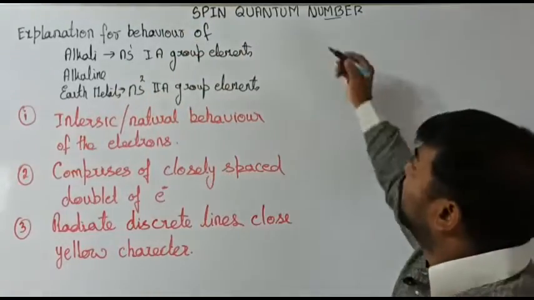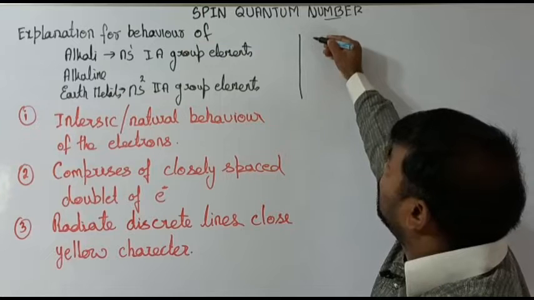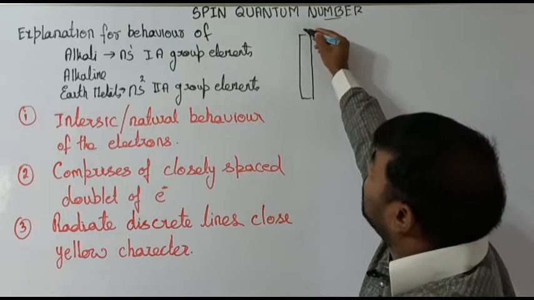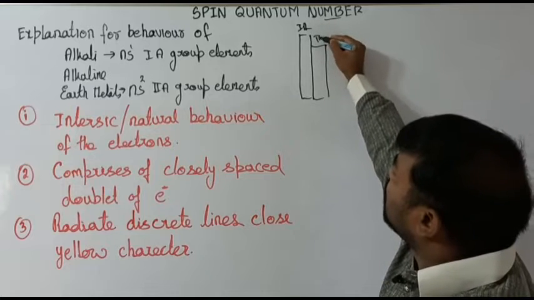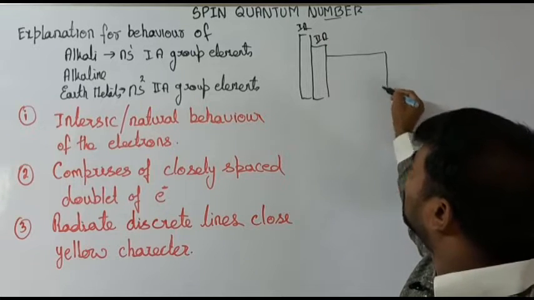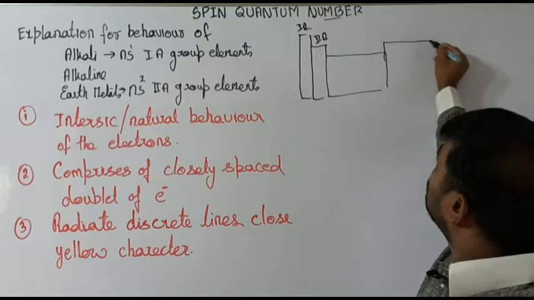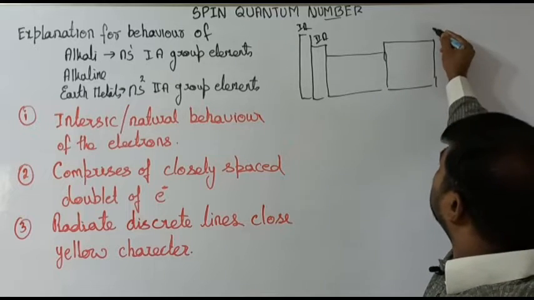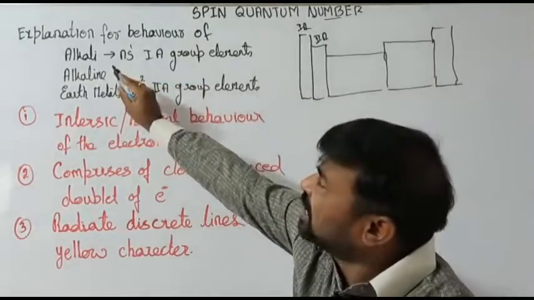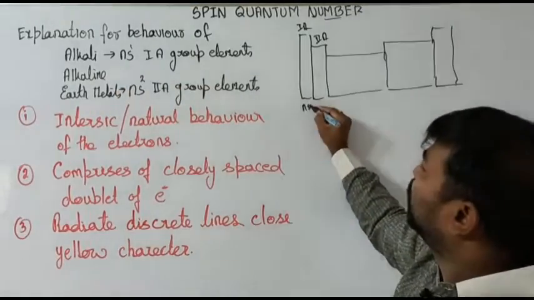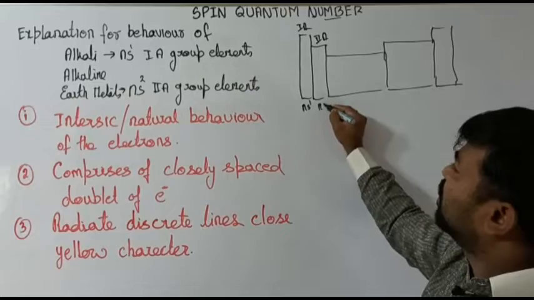the periodic table. If you go to the periodic table, as you all know, this is the 1A and this is the 2A group. So these are the alkali metals whose electronic configuration is ns1, and the second one is ns2.